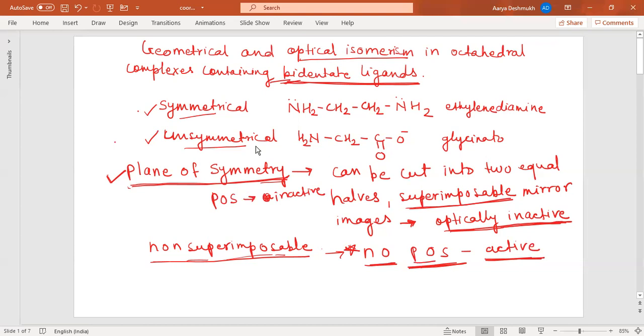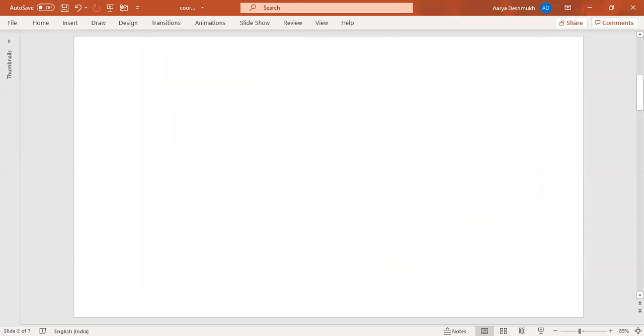To understand this in more detail, take a tetrahedral complex like this one, with the ligands attached.